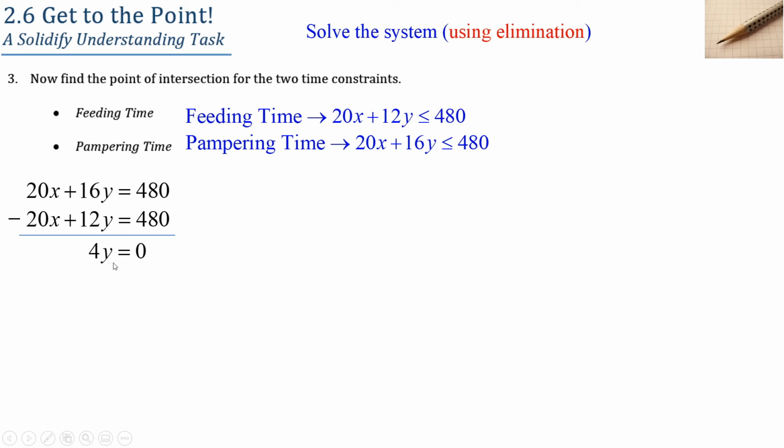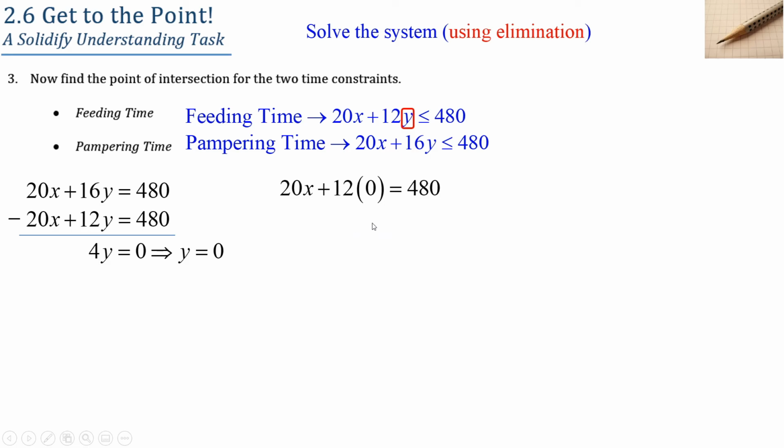So 4 times y is 0. Doesn't that imply this y would have to be 0? So y is 0. And now we can substitute that 0 for y into either equation, and we'll find our corresponding x coordinate. So let's go 20x plus 12 times y, which we just said was 0, has to equal 480.